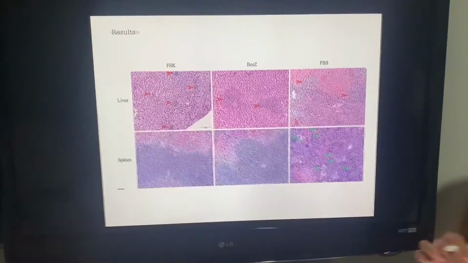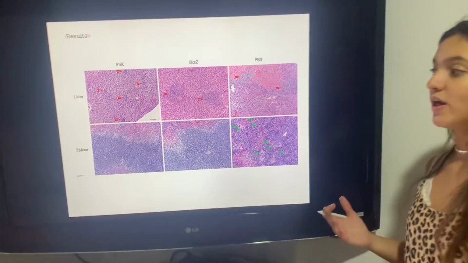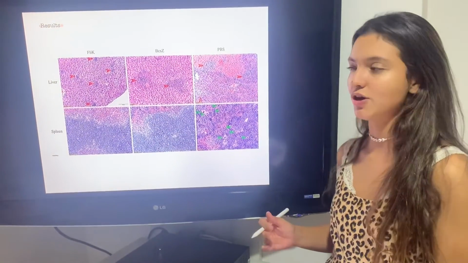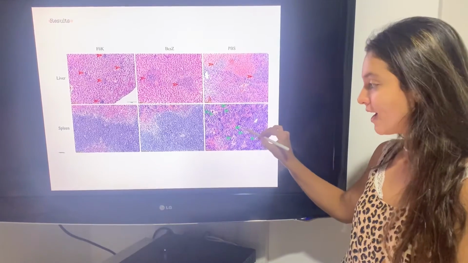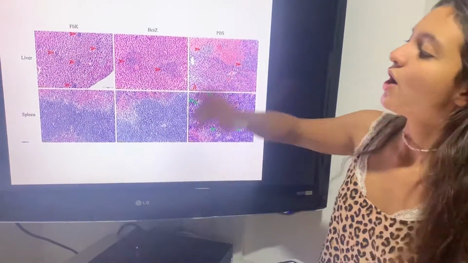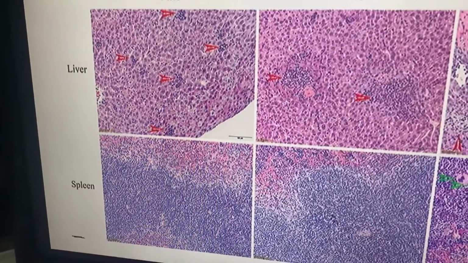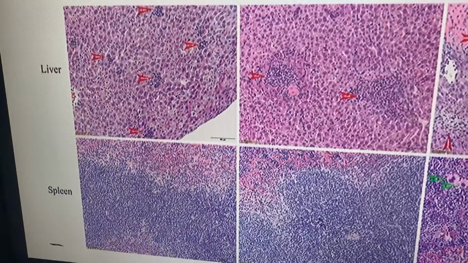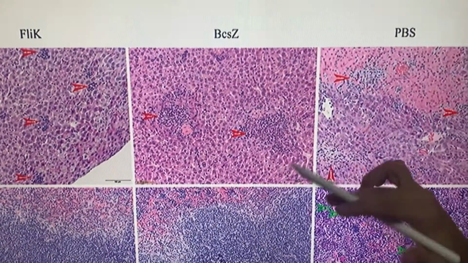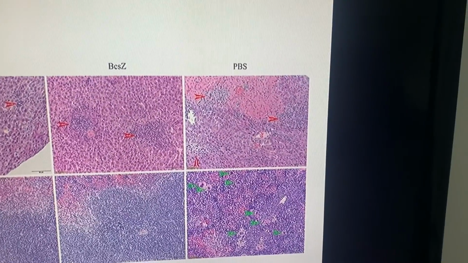The red arrows mean that there were necrotic areas accompanied with inflammatory cell infiltration. And the green arrows mean that there were necrotic areas and necrocytes. So, we can say that the FliC in the liver had 5 arrows, so it didn't protect as well. In the BcsC, there were 2 necrotic areas, and in the PBS, there were 3.